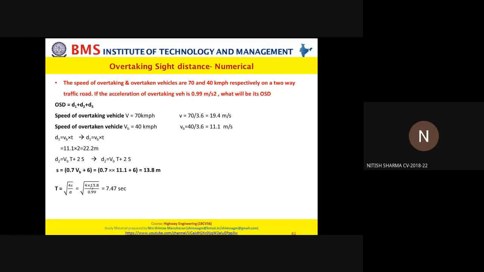Ritika, tell me whether you're getting the value. You get capital T as this value. Please check.